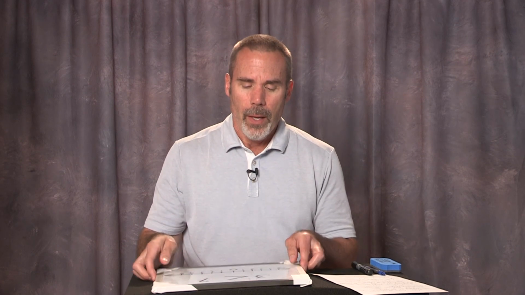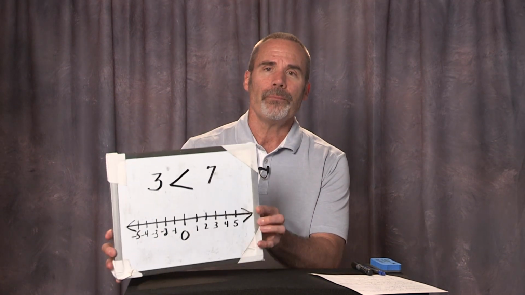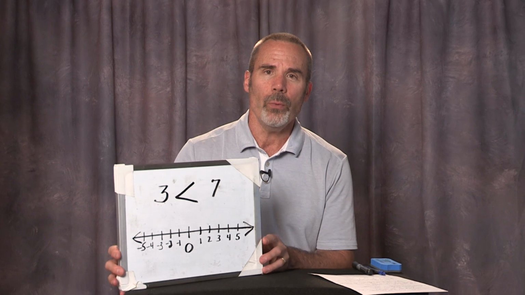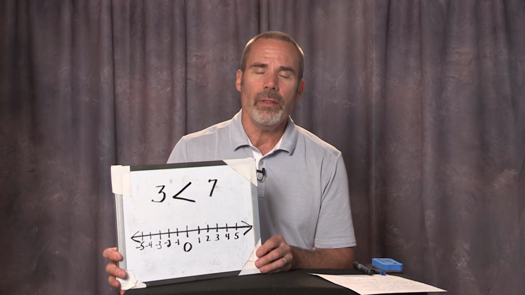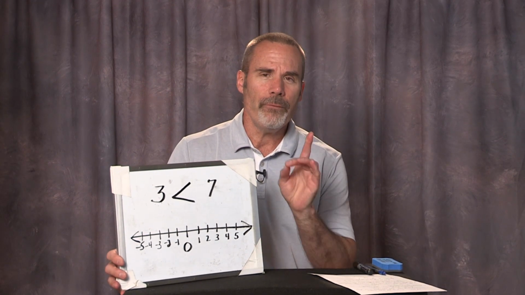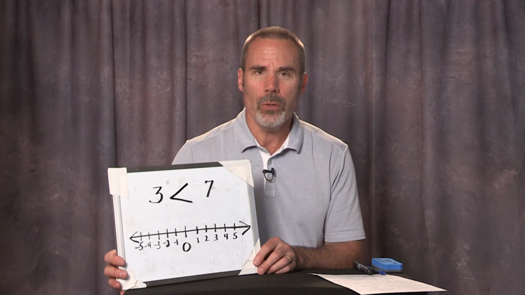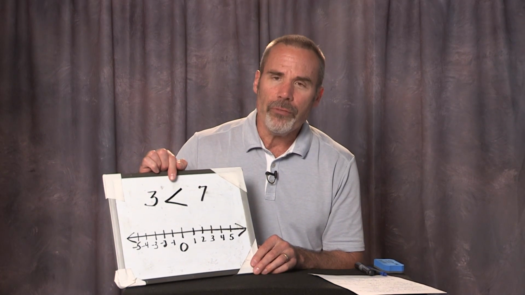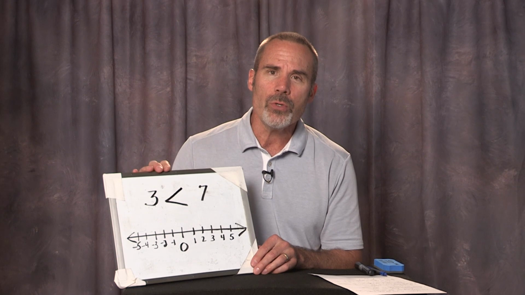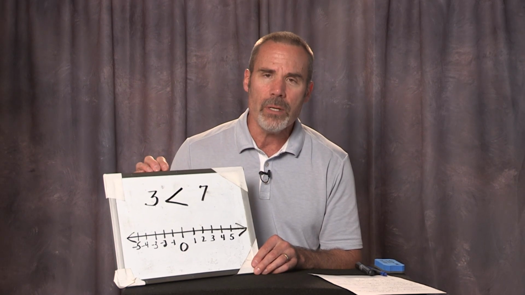When we compare numbers, we start using that symbol, that less than or greater than symbol. And I've put it here on the dry erase board for you with a 3 and a 7. That's what we're comparing. So one of the first things you want to be able to do is to be sure you're familiar with which number goes on which side of this symbol.